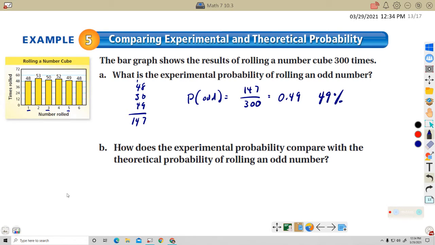So we know on a number cube, there's going to be 3 odd numbers out of 6 possible outcomes. So that would be 1/2, or 50%.